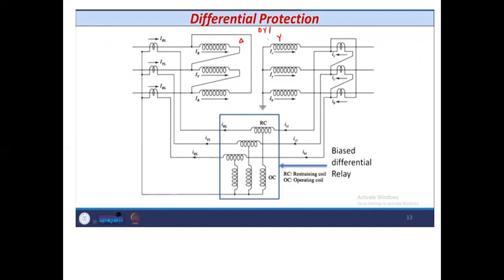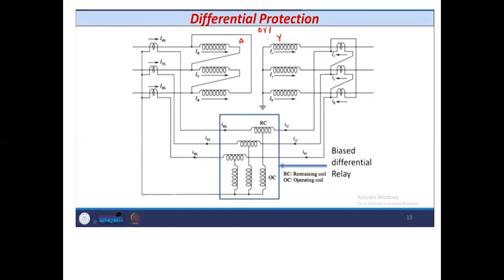The remedy to compensate the 30 degree phase shift is this: whatever CTs I use on the delta side of the winding, I connect in star, and on the star side, whatever CTs I use on the star winding of the transformer, I connect in delta.